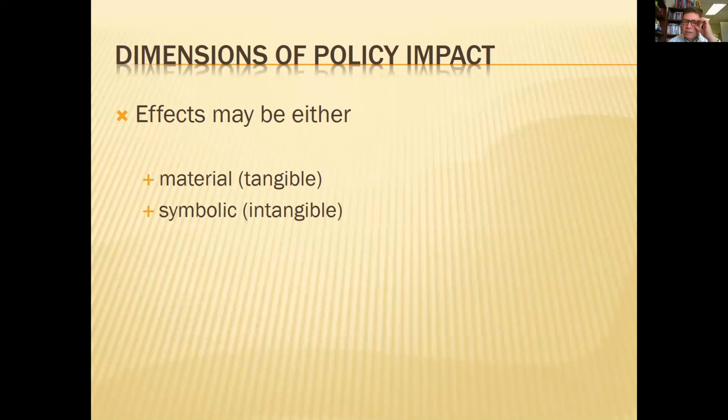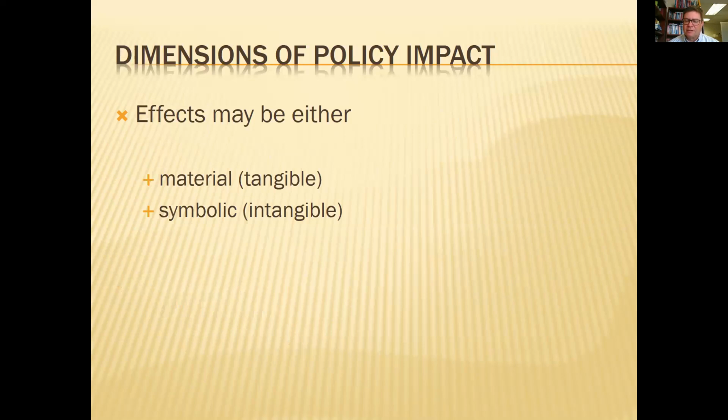Now, in many cases, there are also symbolic consequences or effects of a public policy in which I don't get any tangible benefits, but there was some meaning behind that. And I'll give you an example of that. In 1957, we passed the first Civil Rights Act since right after the Civil War during the period of Reconstruction. This 1957 Civil Rights Act essentially did no tangible things to help out African Americans in the United States.